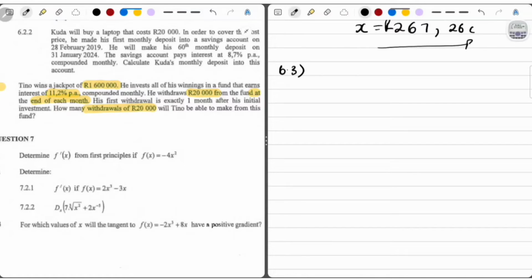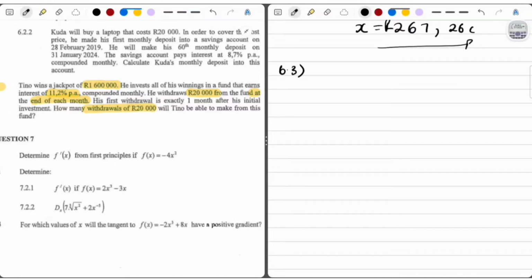So now do you see what's going on? Money keeps leaving. It's still a loan. The only difference is that Tino is not loaning from the bank. The bank is basically loaning from Tino because he's given them his money and he's going to be receiving 20,000 Rand from them because of the interest that is applied. This is one of those situations where a person is lending to the bank.